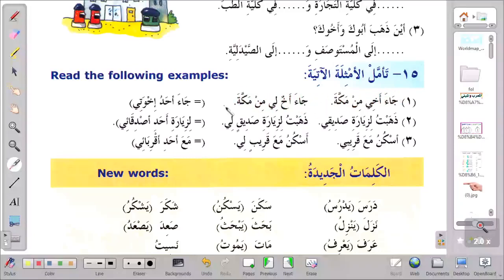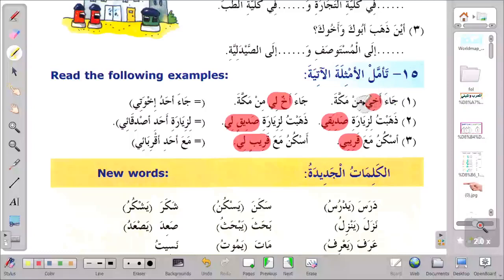So there are two things here. One is أخي, and then the other is أخ لي. That's the two things they want to teach us. You can see here صديقي صديق لي, قريبي قريب لي.